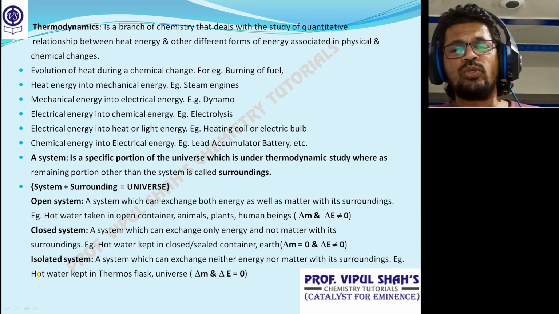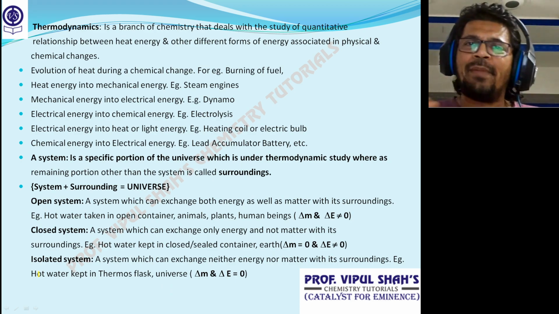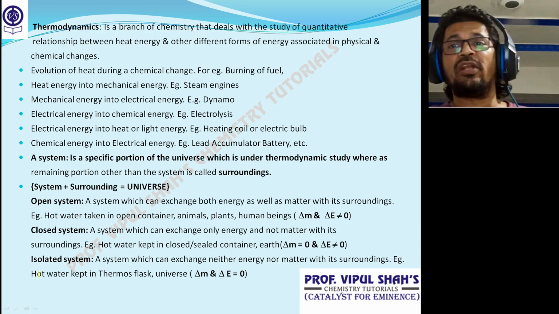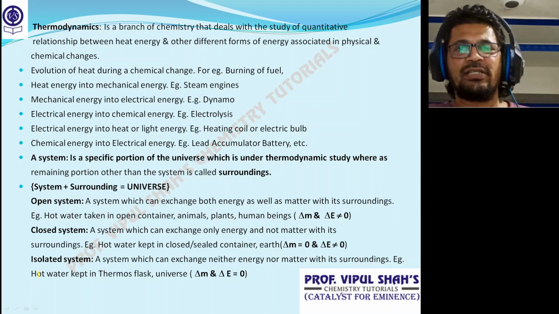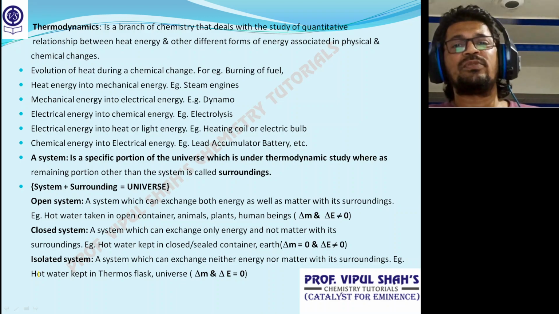Who separates the system from the surroundings? There is a boundary, an imaginary boundary or a real surface. Depending on the boundary, systems can be of three types: open system, closed system, and isolated system.